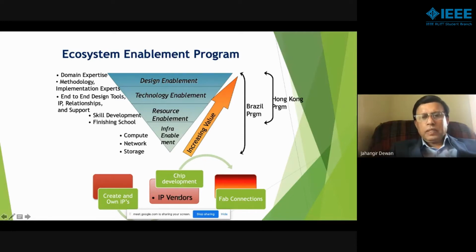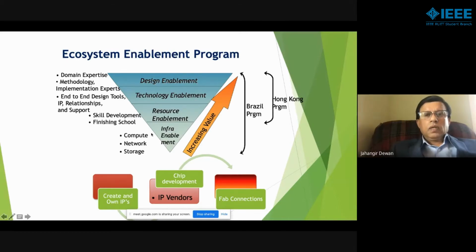They can buy it, right? Or some people in collaboration with universities can develop the IPs, like other companies like us and others who are there in Bangladesh. And at the end, we can even develop the whole chip and send it for fabrication as well.